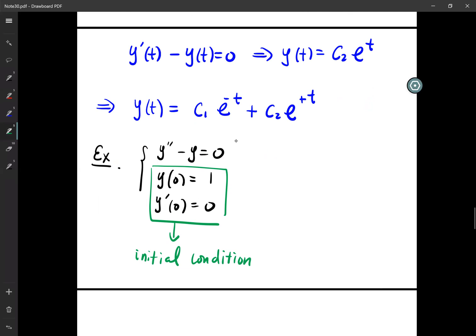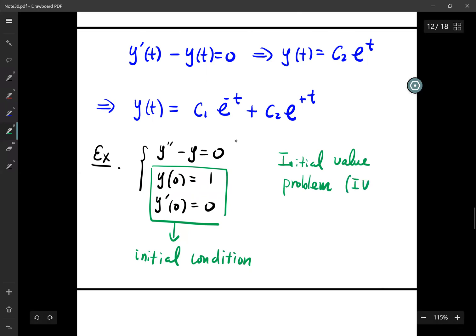If I have an equation together with some initial conditions for a second order linear differential equation, you need to specify both the function value and its derivative to really determine the solution, because you have two unknown variables. And this is called an initial value problem, IVP.